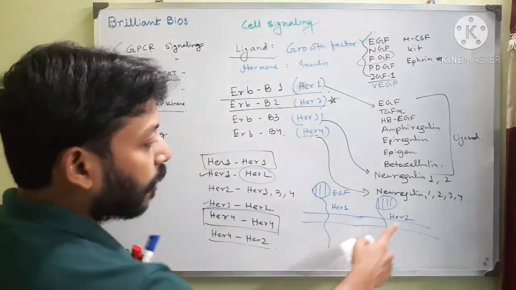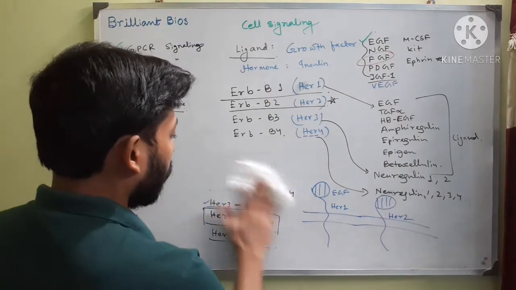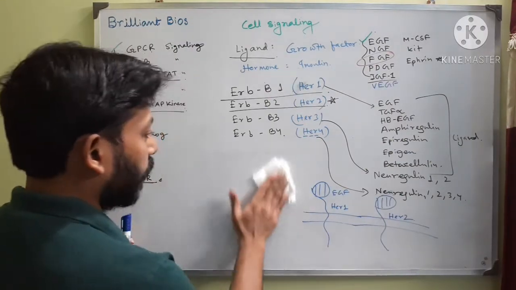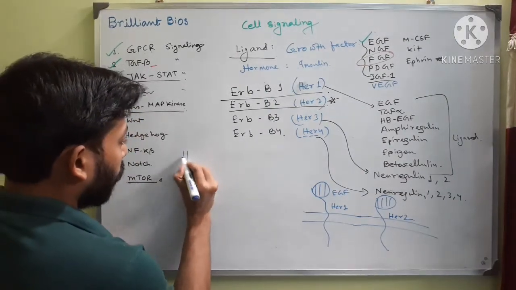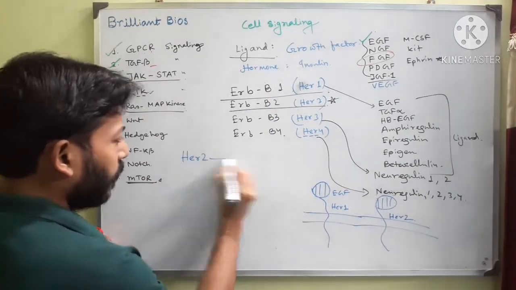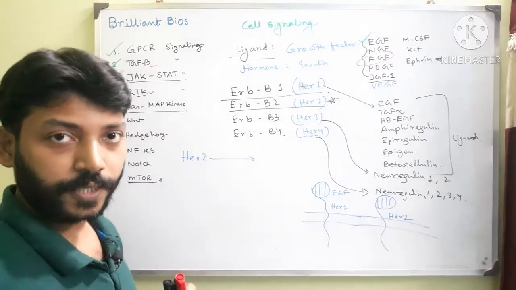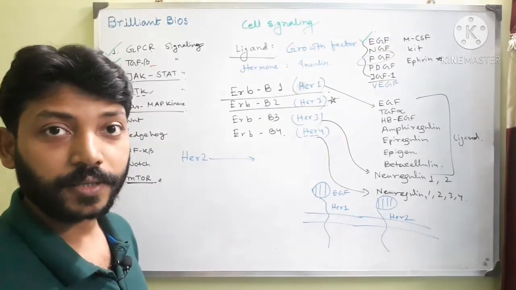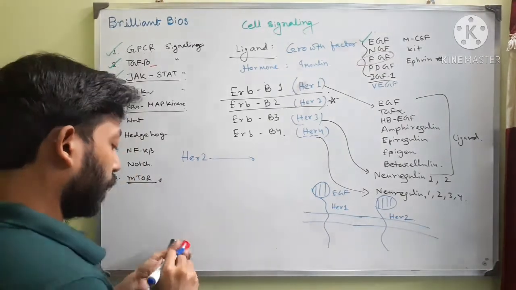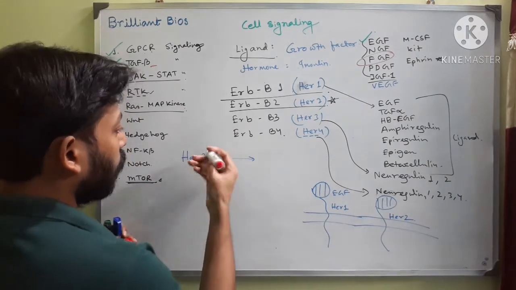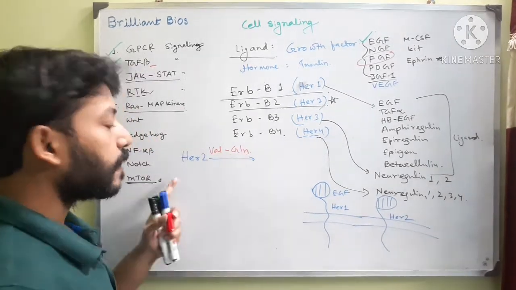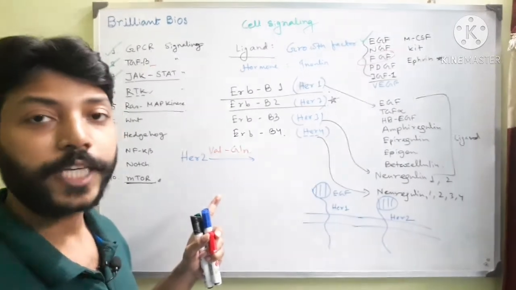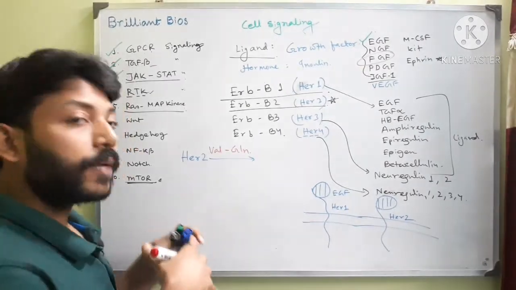Now HER2 is very important for a disease condition called breast cancer. When a mutation occurs in the HER2 protein, specifically a point mutation that changes a single amino acid, like valine to glutamine, then this HER2 protein becomes constitutively active. It becomes always active.